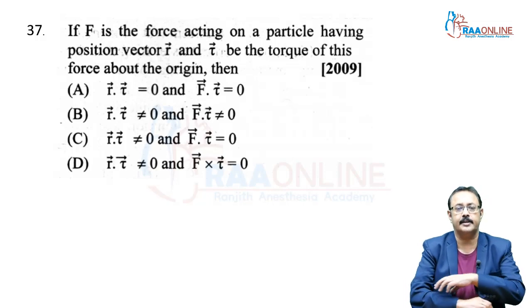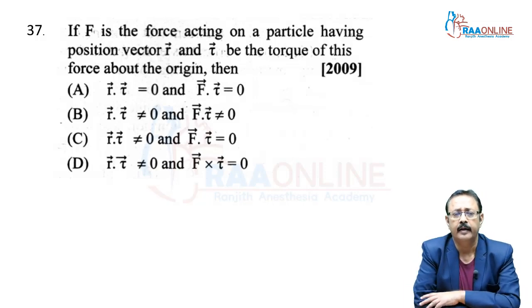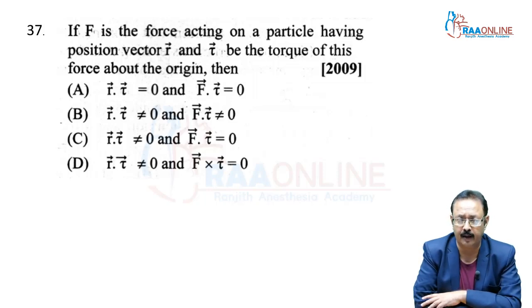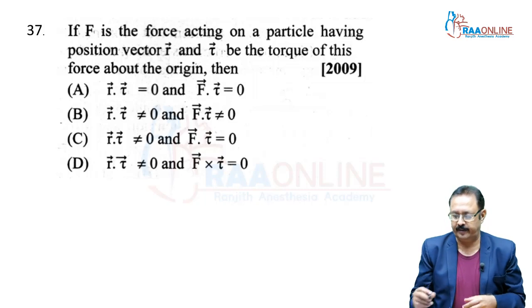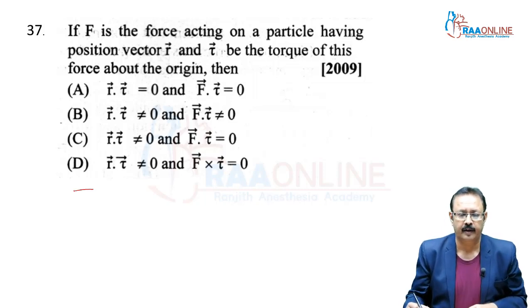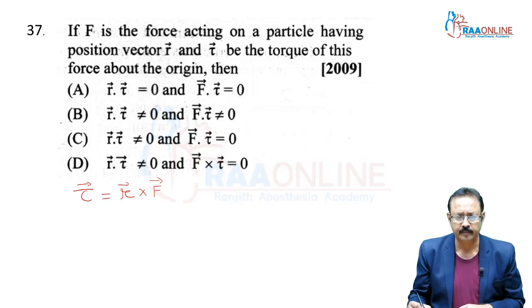Next, a good conceptual problem. If F is the force acting on a particle having position vector r, and torque is the torque of this force about the origin, then we know that torque is R cross F. You know the cross product properties?